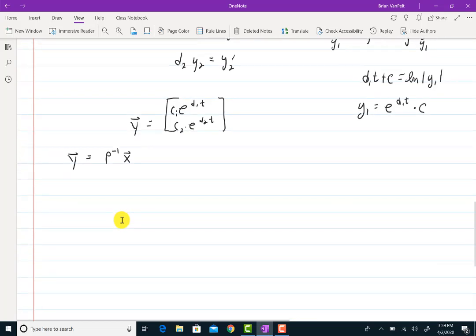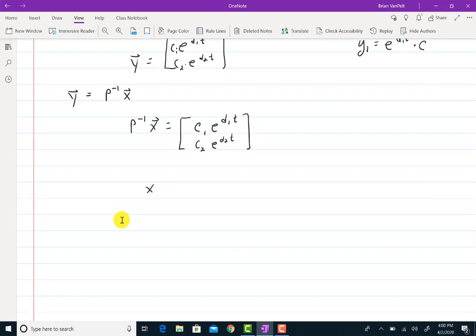So I can get x back by replacing y with it. So P inverse x will equal c1 e to the d1t and c2 e to the d2t. And then to get x back, I multiply through by P.